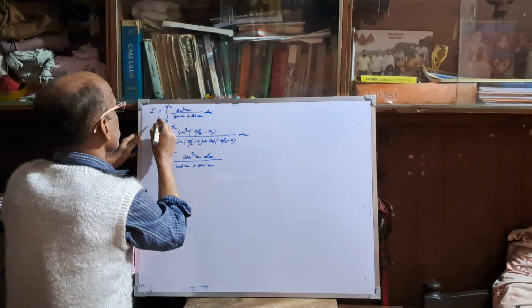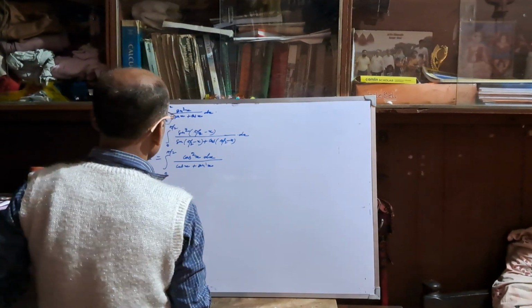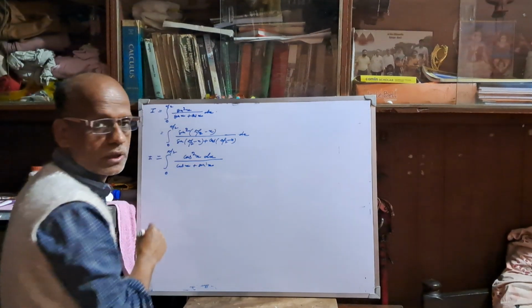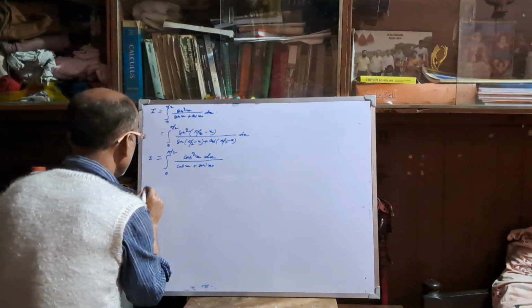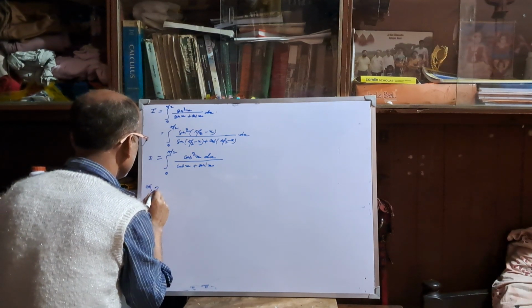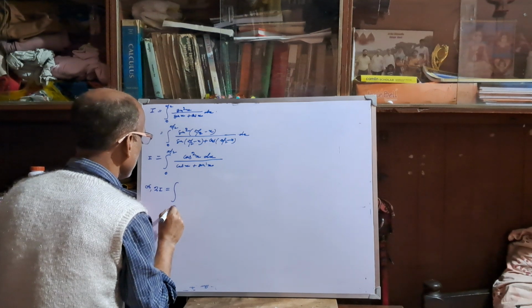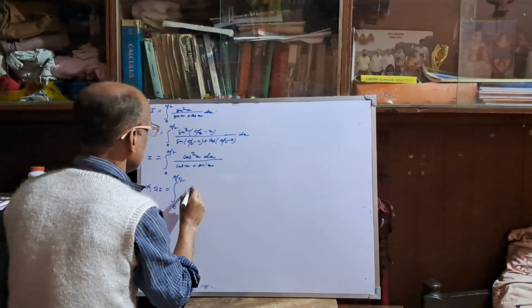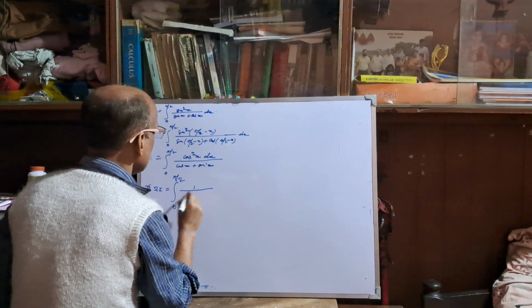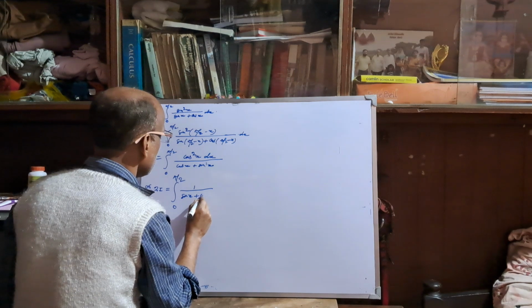This is also I. When we add these together, 2I is equal to the integral from 0 to pi by 2 of sin square x plus cos square x, which is 1, divided by sin x plus cos x.